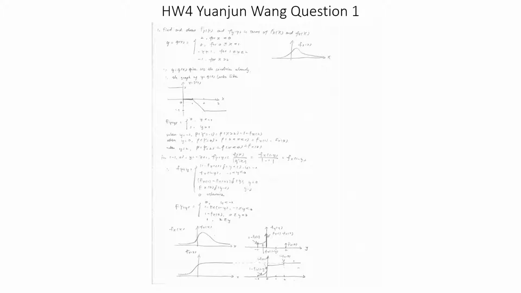And when y equals 0, the probability of y equals 0 is equal to the probability of x between 0 and 1, which is Fx of 1 minus Fx of 0. And when y is equal to 2, the probability of y equals 2 is equal to the probability of x smaller than 0, which is Fx of 0.